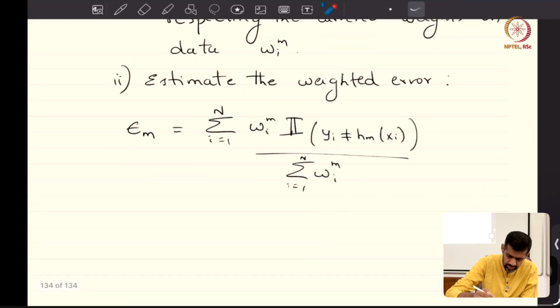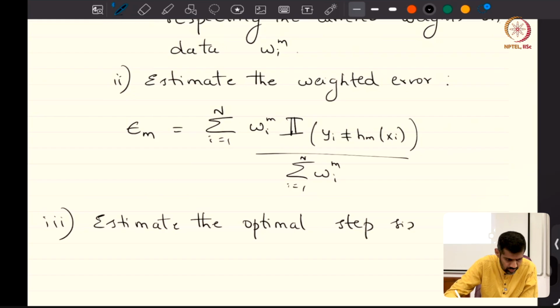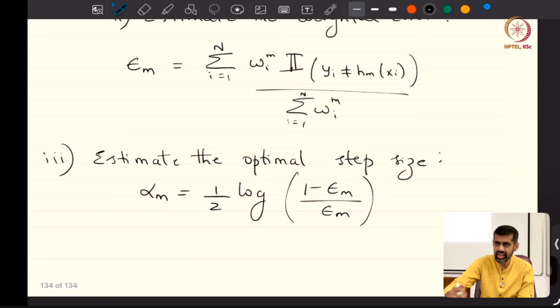Then the next step is to estimate the optimal step size alpha m. So right now all these are just formulae, we will derive all of them one by one.